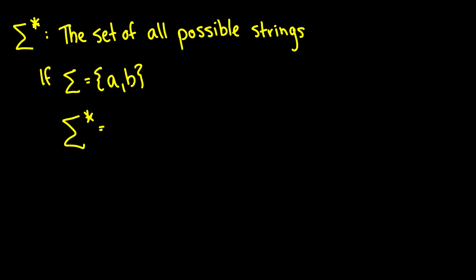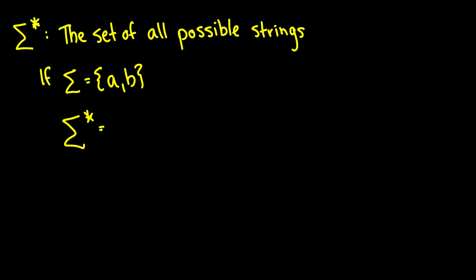So, what happens when we take an alphabet and we put an operator on it called the star operator? Well, instead of having an alphabet of acceptable characters, this sigma star is a set of all possible strings or words in the language.